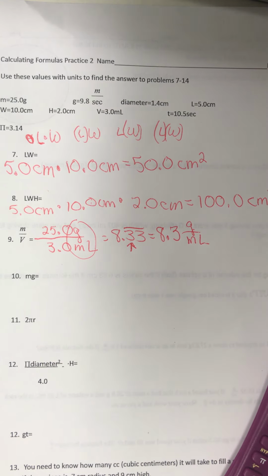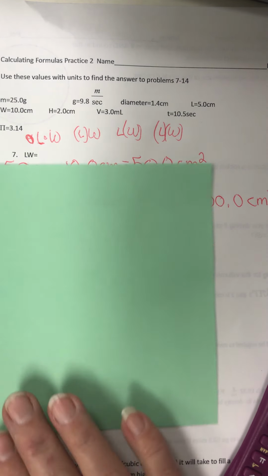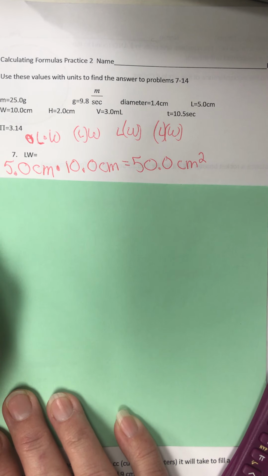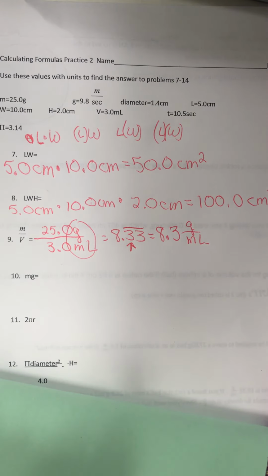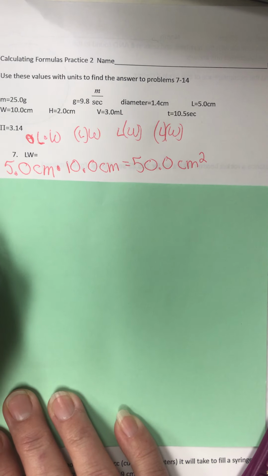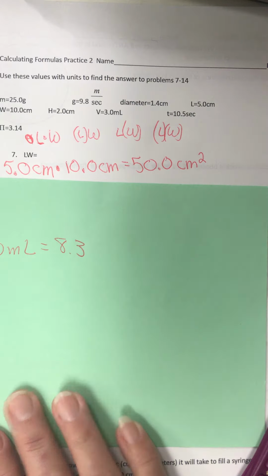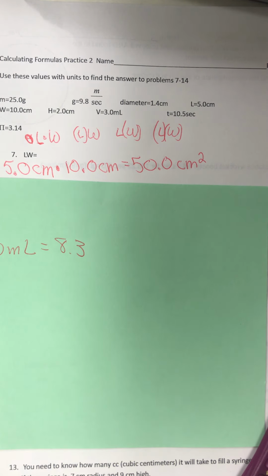So I'm going to show you real quick why we write it as a fraction. If you were to write that problem not as a fraction, 25.0 grams divided by 3.0 milliliters, like this, you'd still get the same answer. The problem is you would be wondering what your unit is, or you'd be putting gram milliliters as your unit, or you'd walk up to me and you would say, what's the unit in my problem?